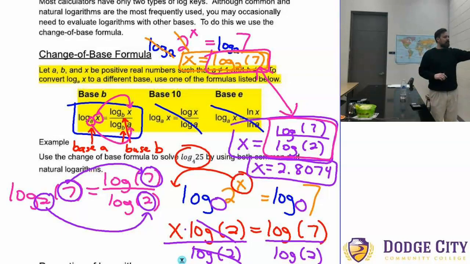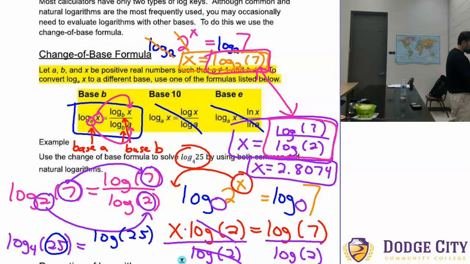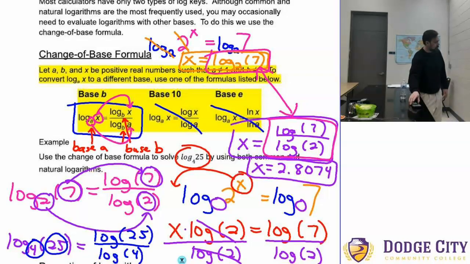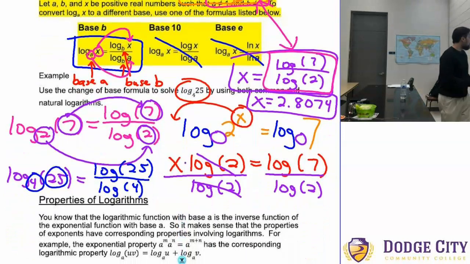You don't need to really understand all that to use that formula, so let me just demonstrate for you. For log base 4 of 25, I'll use that change of base formula. I'm going to change it to base 10. The 25 stays in the logarithm on top. The original base goes in the logarithm on the bottom, and now it's in base 10, which I can plug into my calculator, and I can get a decimal answer.